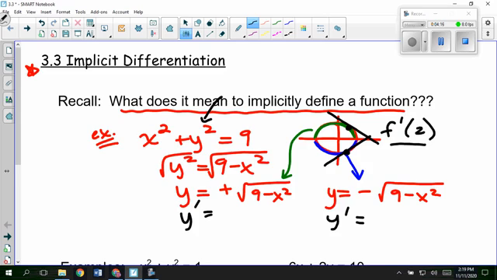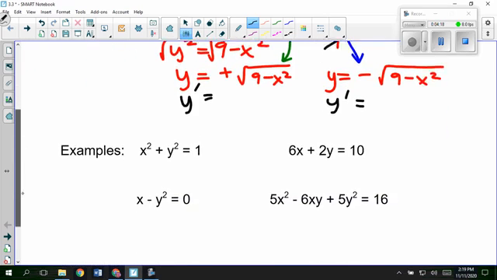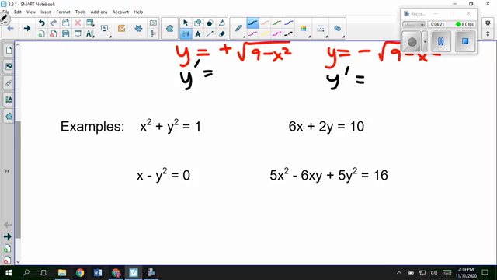Here are a few other examples of some equations that we know or that maybe we've recognized in our algebra series. We just talked a little bit about the circle. This is a line, but y is not by itself. Y is in the middle of that. Here we've got a parabola that actually opens sideways. So we did a little bit in pre-calculus with some conics.